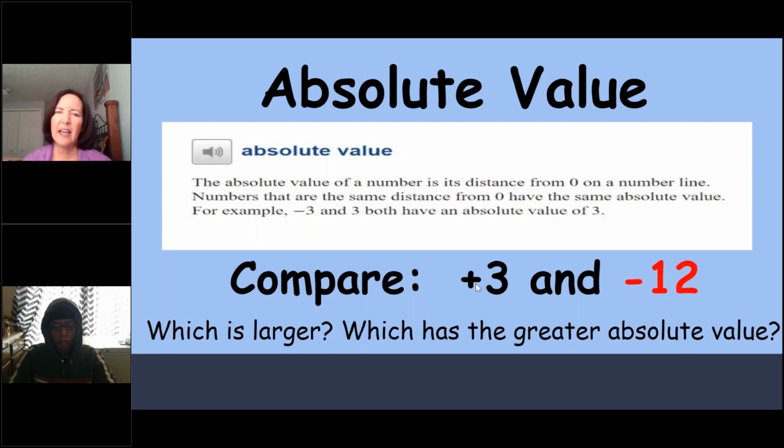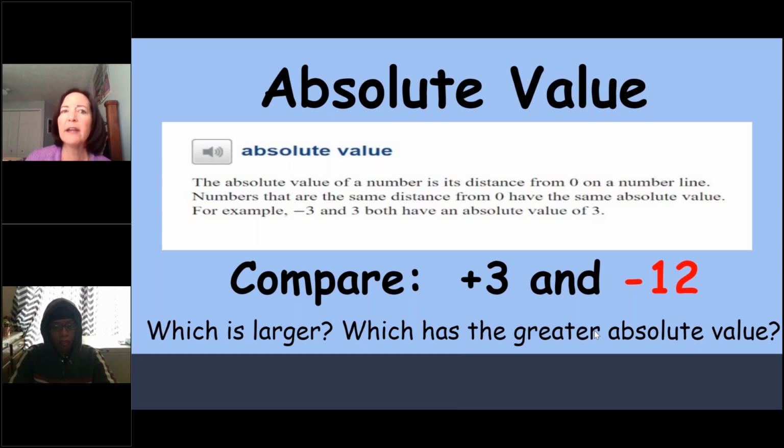But sometimes it's the question that we might need to tweak, because we don't always truly want to know which number is larger. What we are really asking is which has the greater absolute value, which is farther from 0.